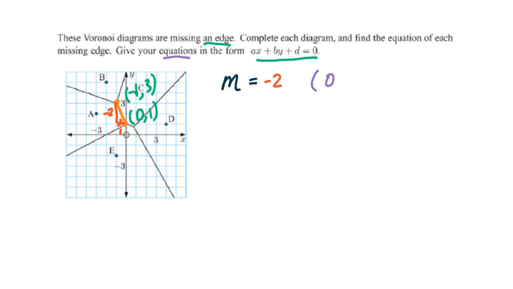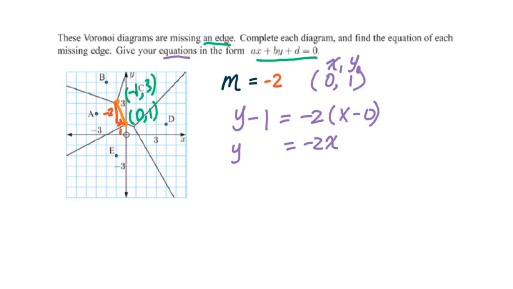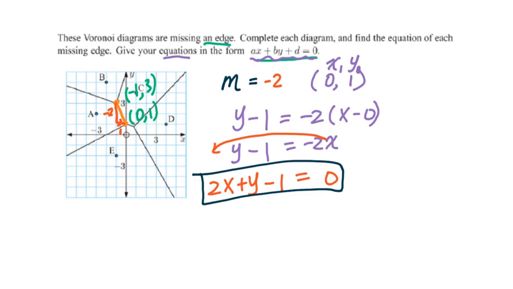For (x1, y1), let me use (0, 1). So you will get y minus 1 equals negative 2 times (x minus 0). That's negative 2x. y minus 1 equals negative 2x. Since I need this form, move negative 2x to the left side, and you will get 2x plus y minus 1 equal to 0. Then this will be the equation we are looking for.